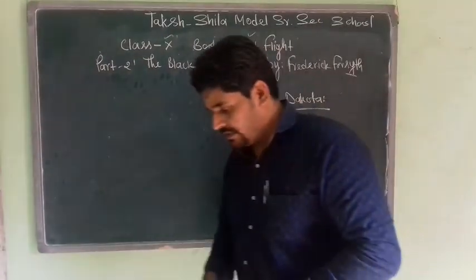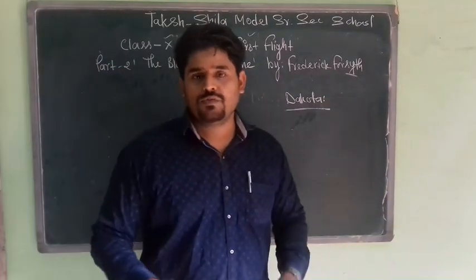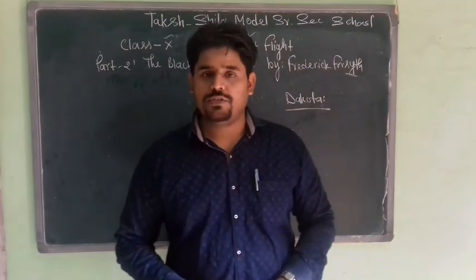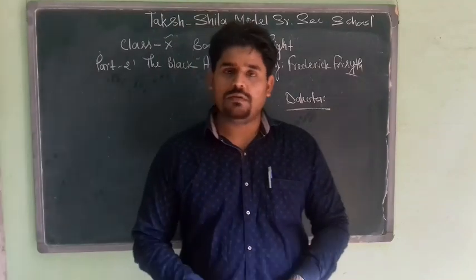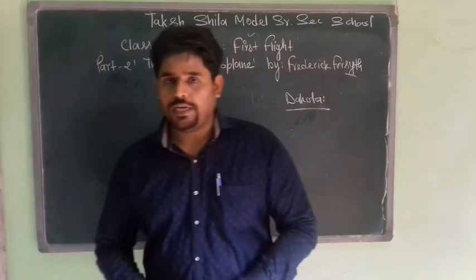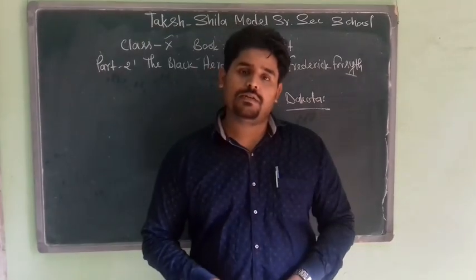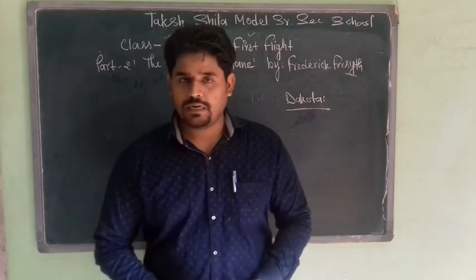So students, this chapter has been written by Frederick Forsyth, who is a 20th century writer. So now let me just give you a brief introduction to the chapter. So the chapter is actually about the pilot of Old Dakota, who is going to his destination, that is in England, right? In the middle of his flight, he's just encountered by the dark clouds.